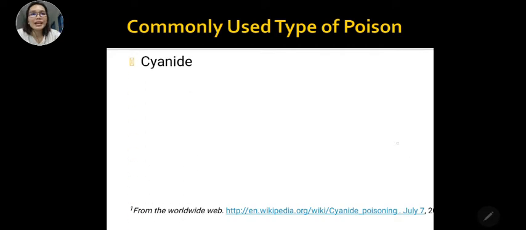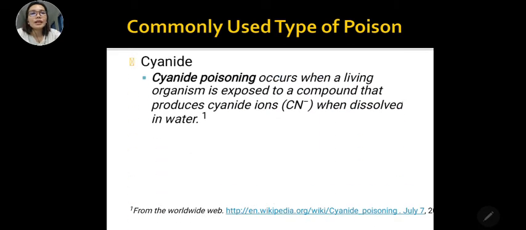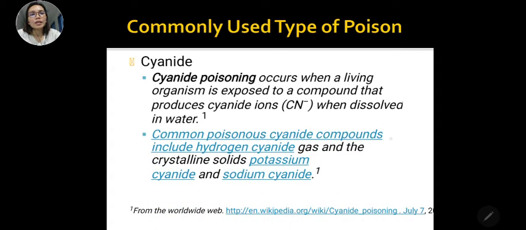Another one is cyanide. This occurs when a living organism is exposed to a compound that produces cyanide ions when dissolved in water. So, common poisonous cyanide compounds include hydrogen cyanide gas and crystalline solids, potassium cyanide, and sodium cyanide.